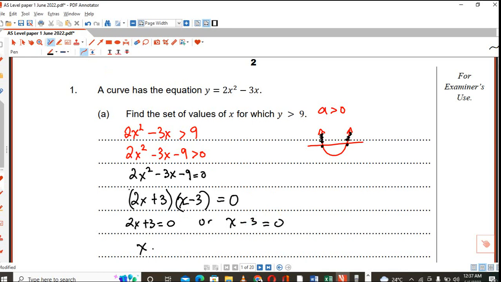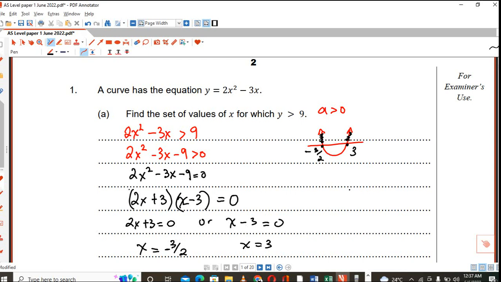One answer will be x equals minus 3 over 2, which is minus 1.5. The other one will be x equals 3.